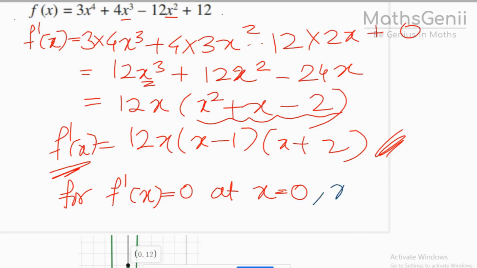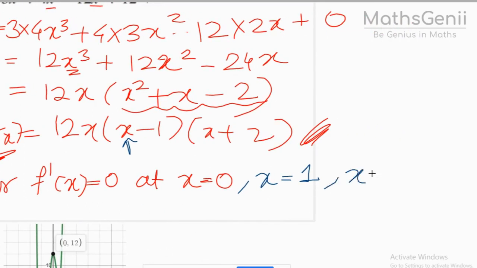If you put x is equal to 1, so 1 minus 1, 0. Everything is in multiplication, right? So even if one term becomes 0, all terms become 0. So if I put 1 here, everything will become 0. So x is equal to 1 will also give me 0.